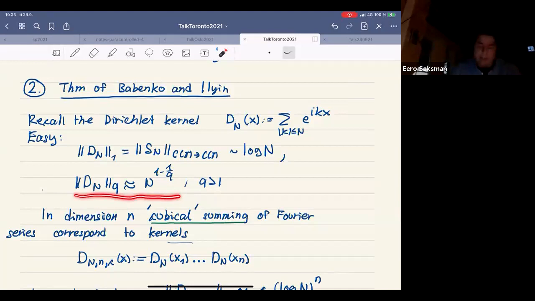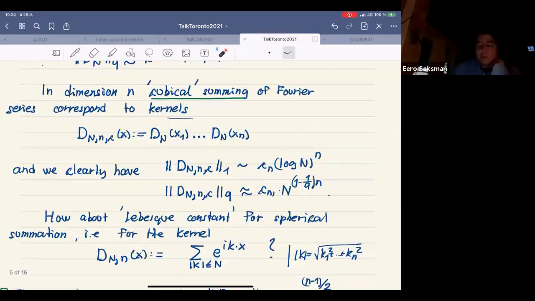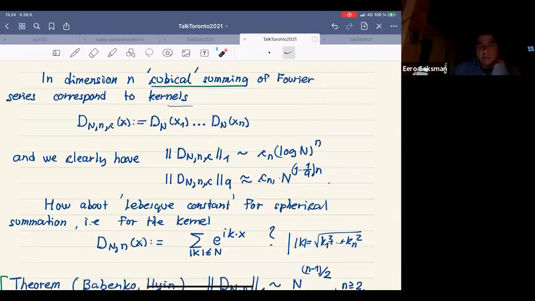In higher dimensions, you can make different kinds of summing of Fourier series, and one way to sum is to use the sum over all frequencies that lie in a cube, and that corresponds to the kernels, which are denoted here by subindex small n and c, and here the n is now the radius.